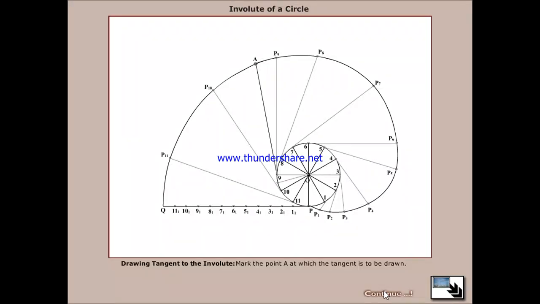To draw the tangent to the involute, mark the point A at which the tangent is to be drawn. Connect AO and mark the point C as the midpoint of AO.